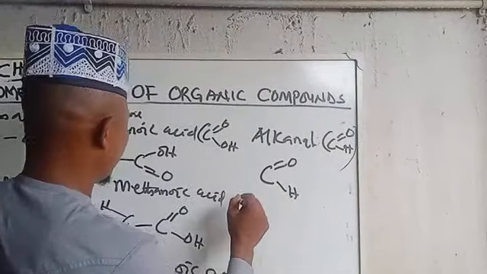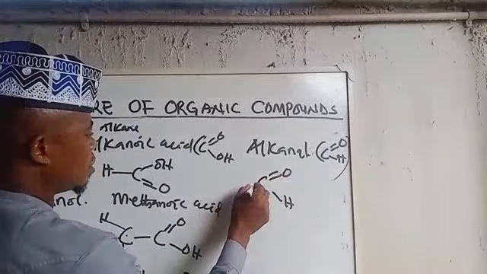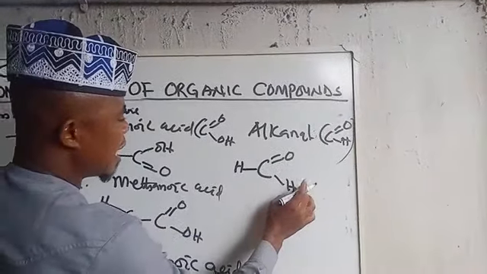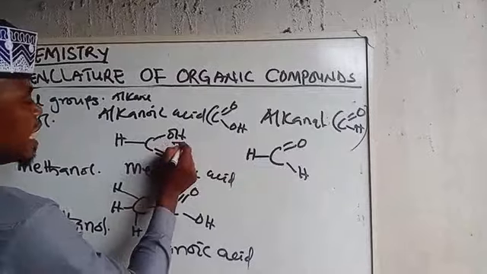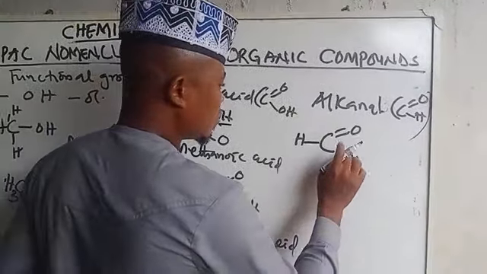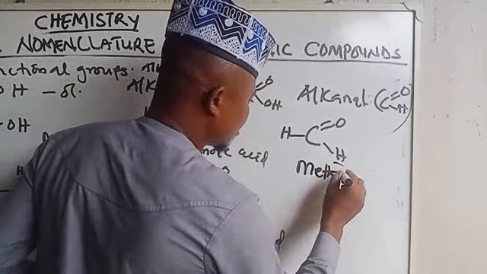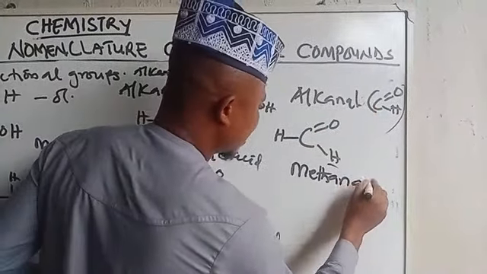The difference between alkanals and the alkanoic acid is just that the H here does not have an O. Here is a hydroxy group, while here is just a hydrogen atom. So now the carbon is saturated, 1, 2, 3, 4. So you call this methane, and what is substituted is the R, so you call it methanal.